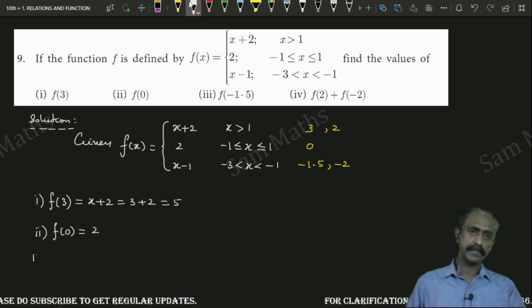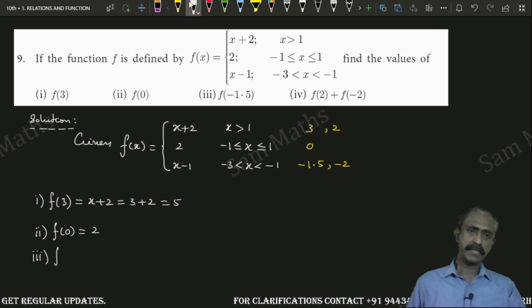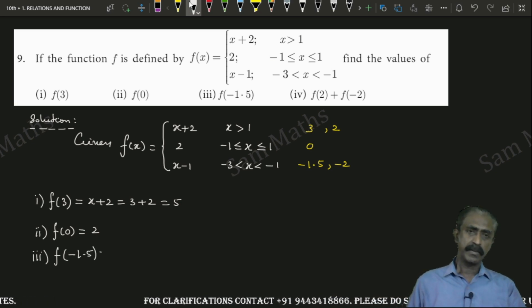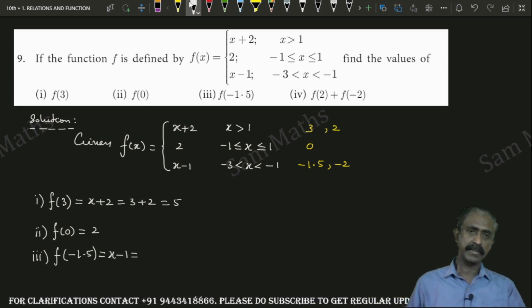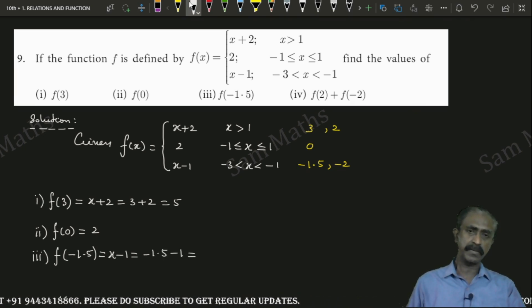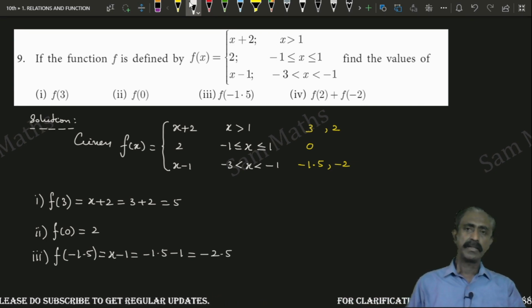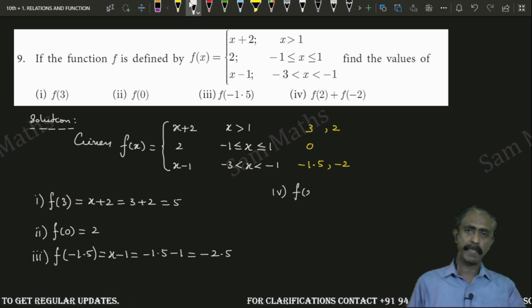Third one, f of minus 1.5. Now we have to use the third function, that is x minus 1 is the function. X value is minus 1.5, minus 1, that is equal to minus 2.5. Now the fourth subdivision, we need f of 2.